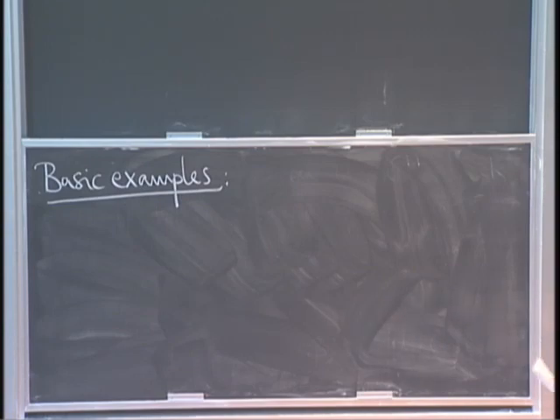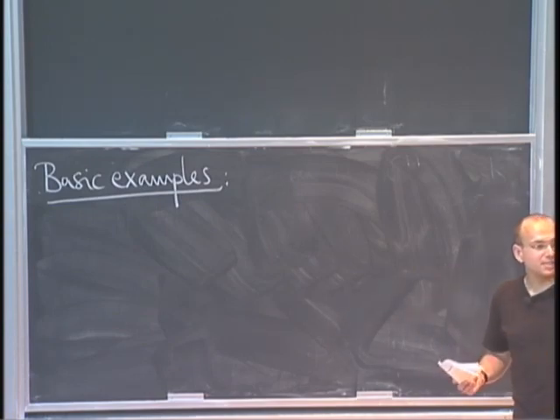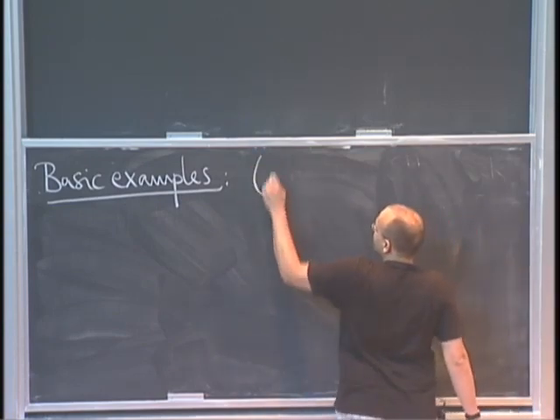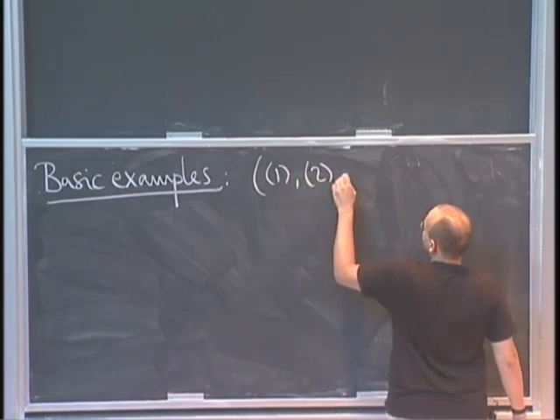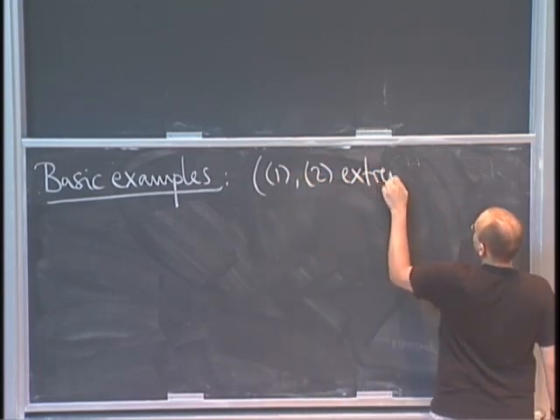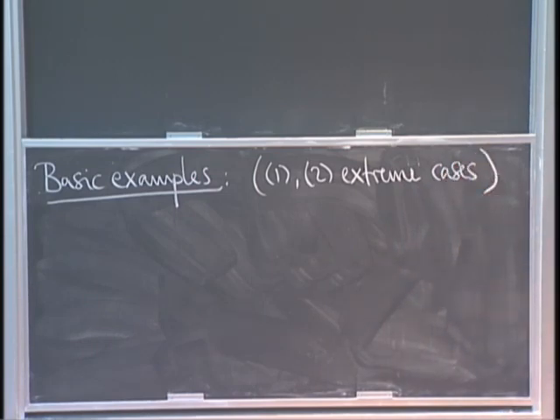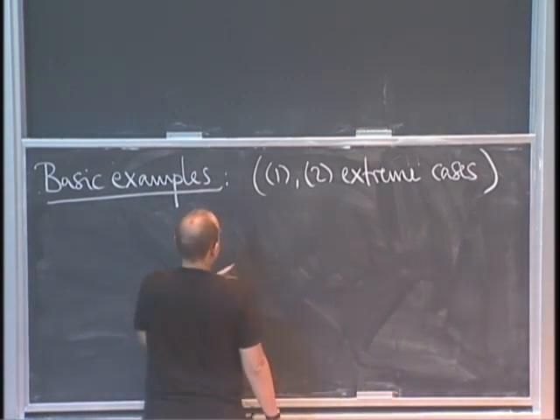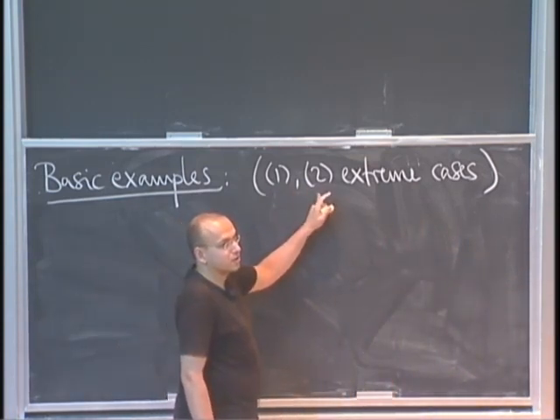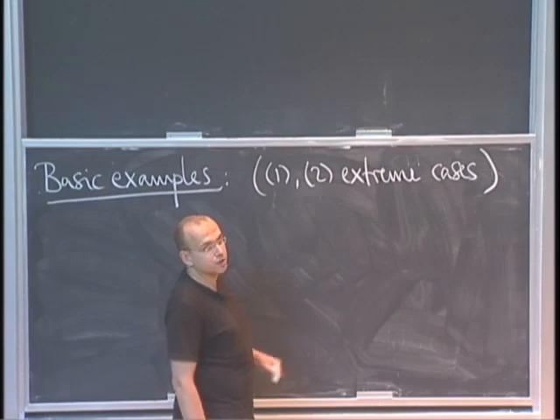The first 2 groups are the extreme cases in a way: affine and projective manifolds, so things that live in affine space and things that live in projective space.